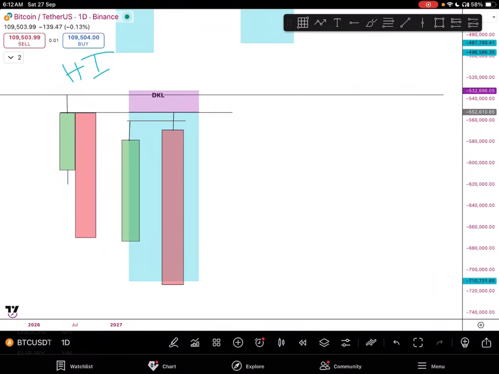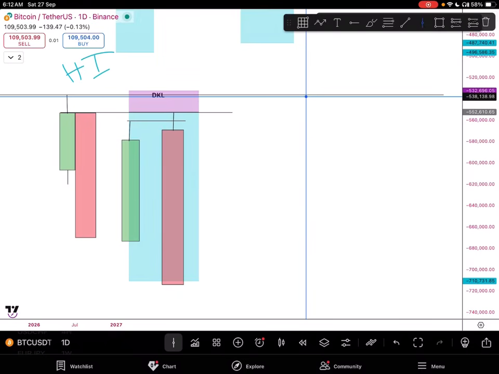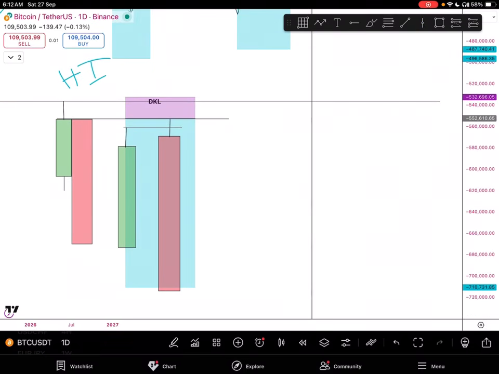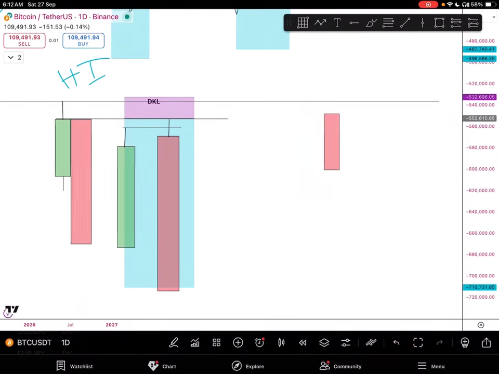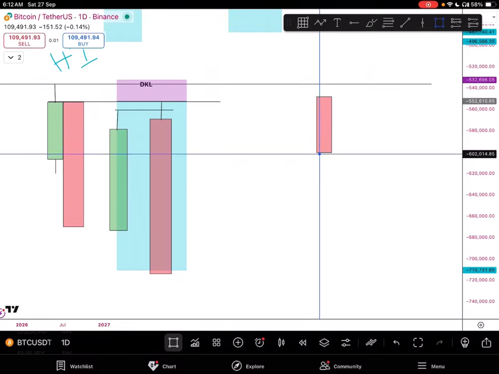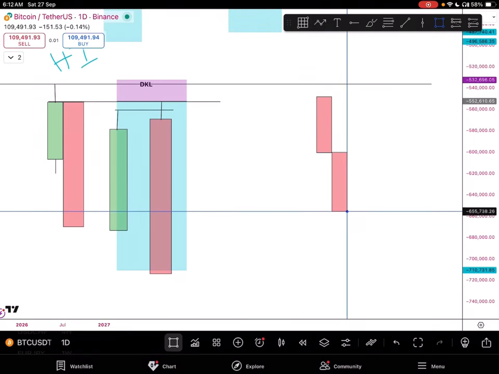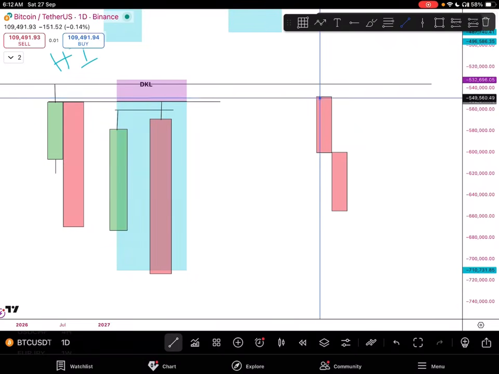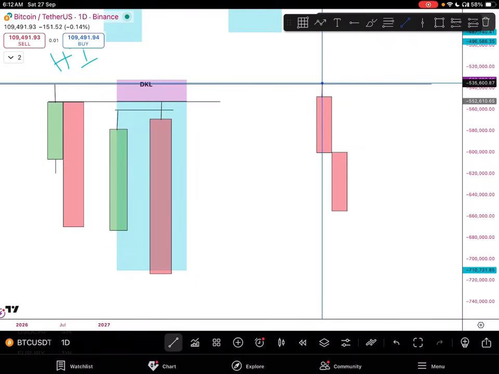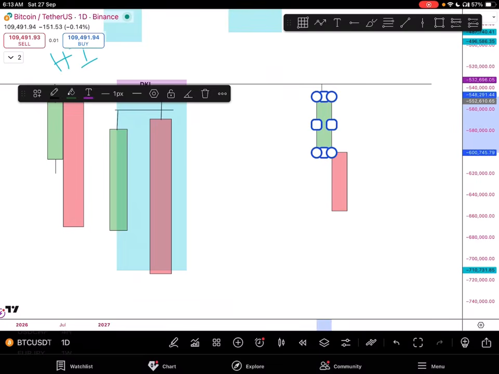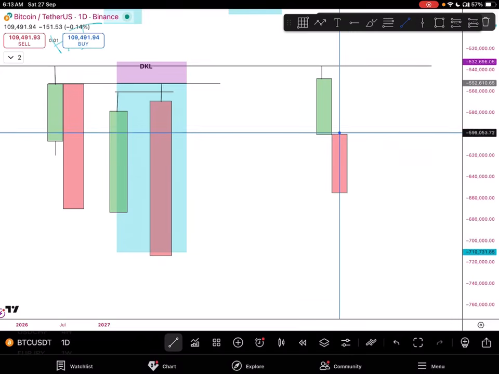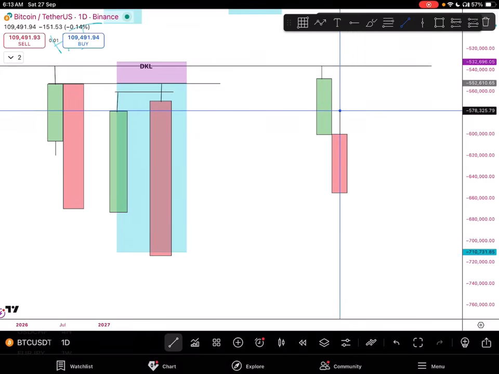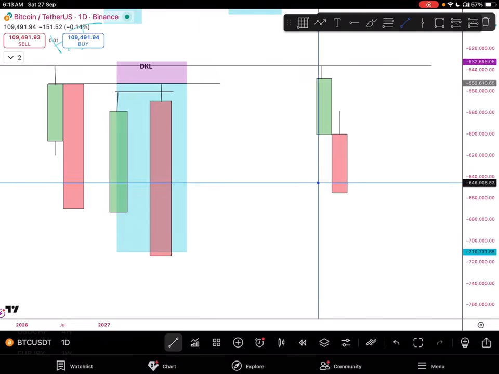Okay, so the next thing, when the price gives a situation like this, after reacting to the key level, then it will give a strong bearish engulfing candle like this.